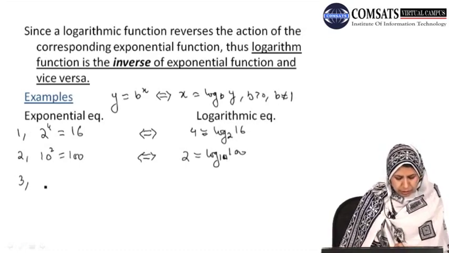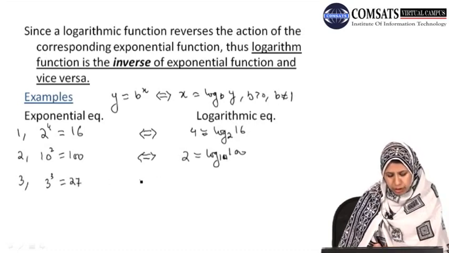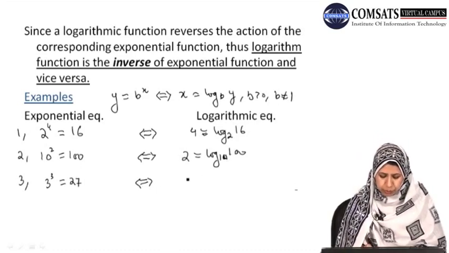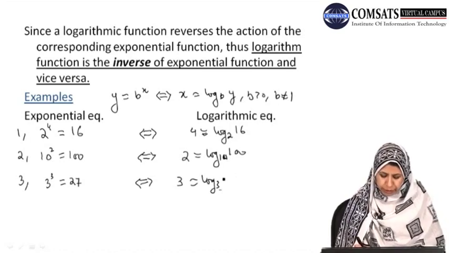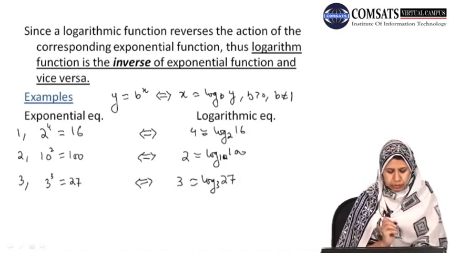Okay, our exponential equation is 3 cubed is equal to 27, and the corresponding logarithmic equation will be 3 is equal to log of 27 to the base 3.